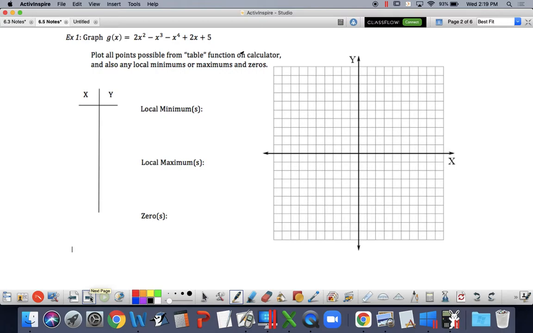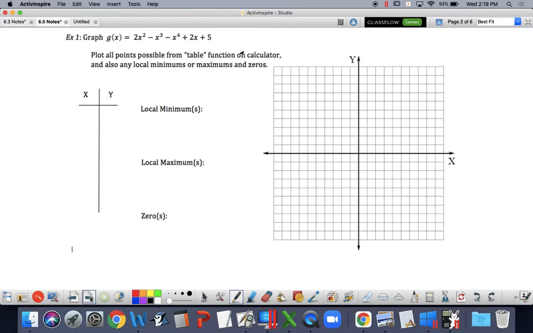All right, so our function is up on the board, g of x. Is it currently in standard form? No, right? Usually we want the biggest exponent first and then to work our way down. Do you think your calculator cares if it's in standard form? Nope. It does not. So you have the ability to just put this in just as it looks.